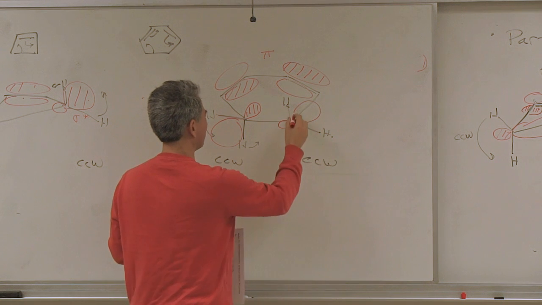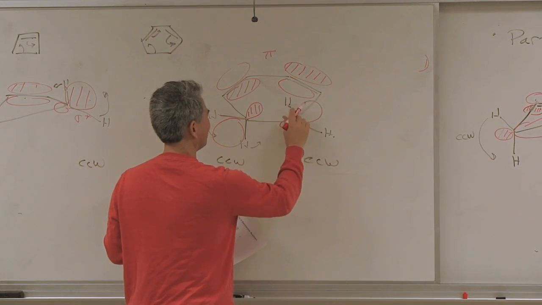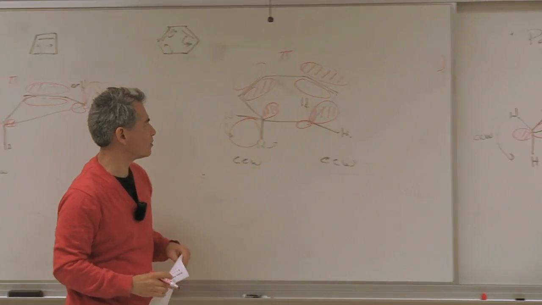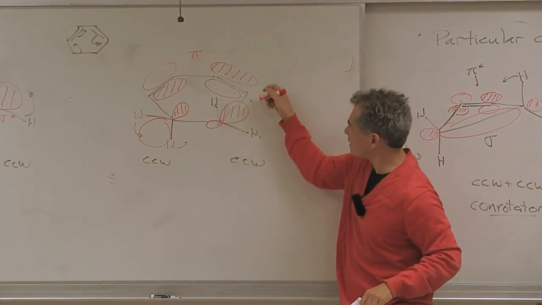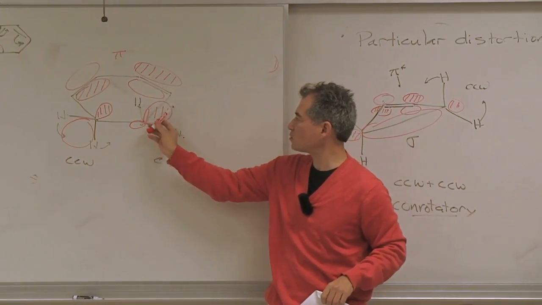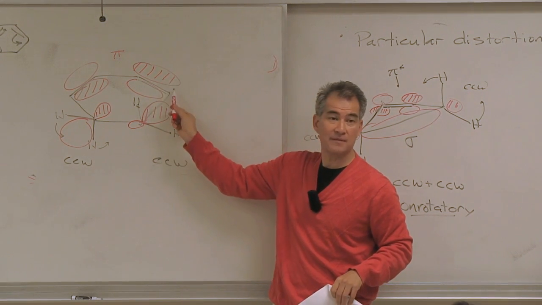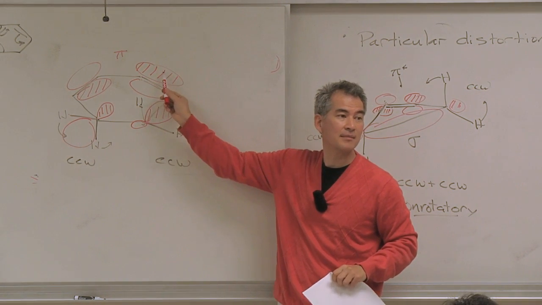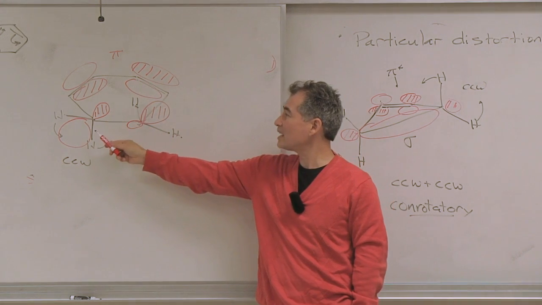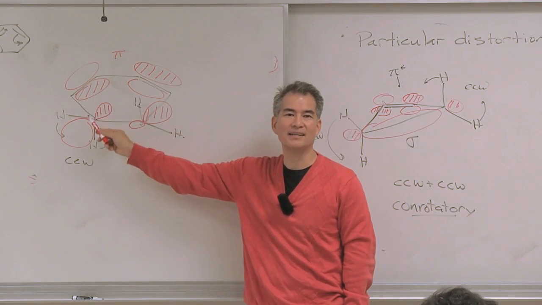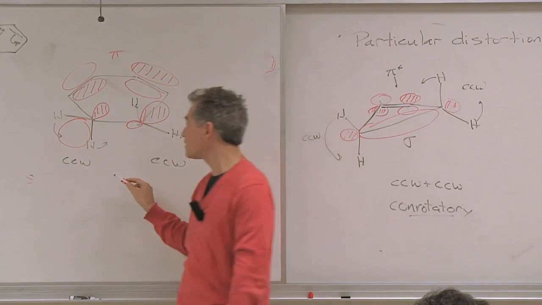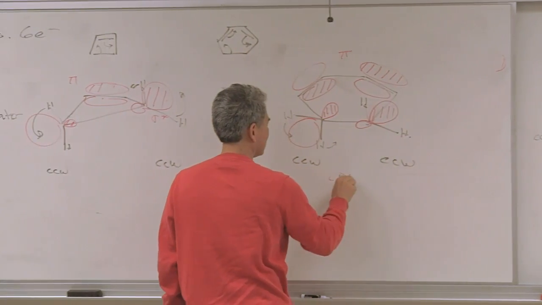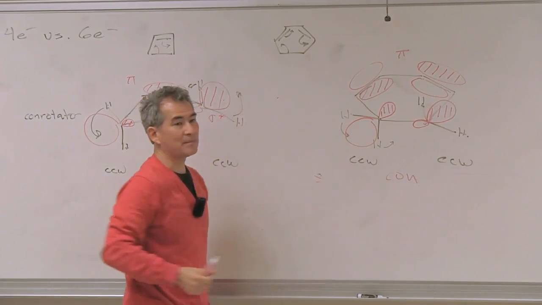And the phasing is arbitrary. There is no way that you can phase this in order to get it to work out. So here, if I spin this side counterclockwise, I get effective overlap. If I spin this towards the top, this now overlaps effectively with this end of my pi system. But I get a total antibonding interaction on the other side. This doesn't work out. You can't have conrotatory distortion for a 6-membered ring.